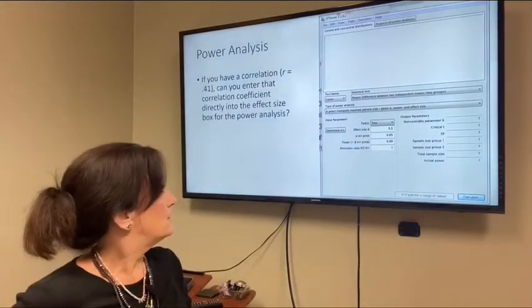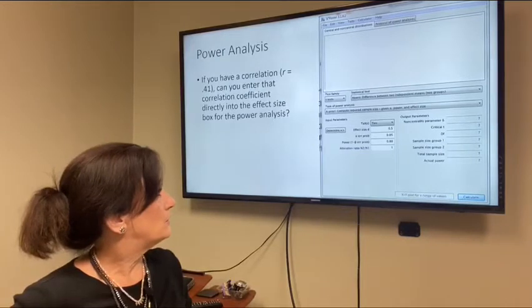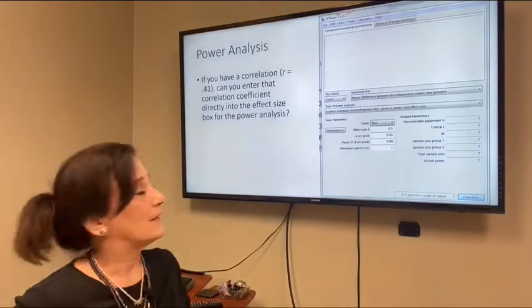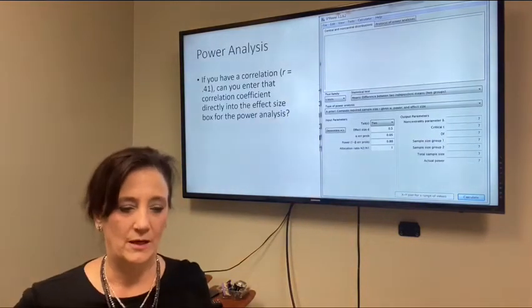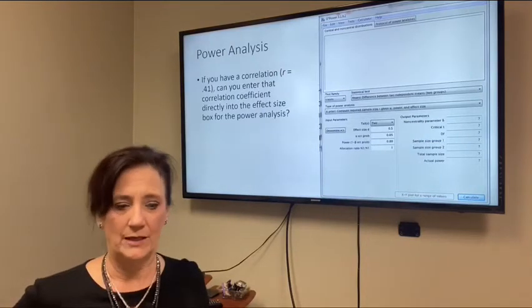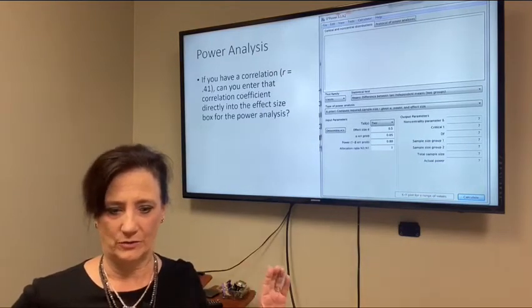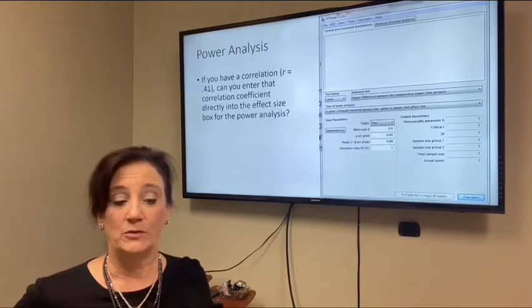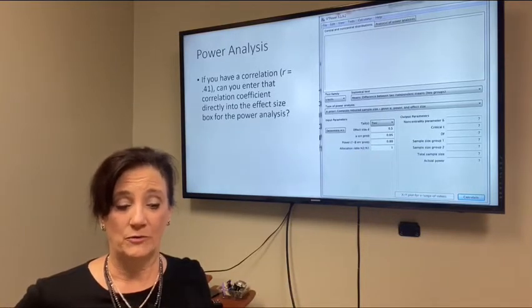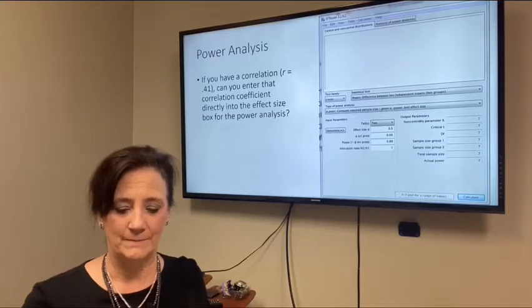Okay, this last one is looking at the question of, if you have a correlation, so an R value, right? Can you enter that correlation coefficient directly into the effect size box for the power analysis?